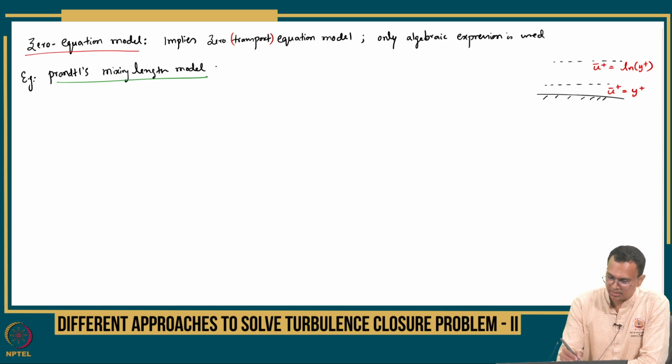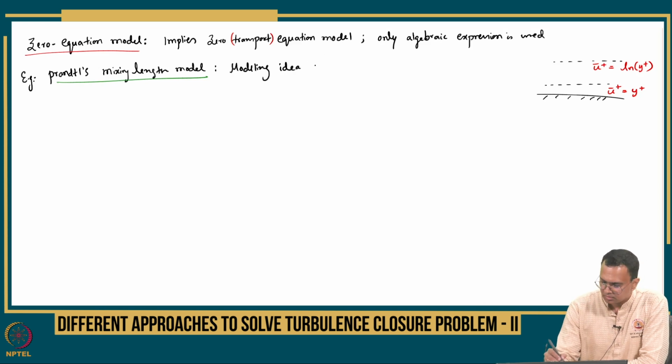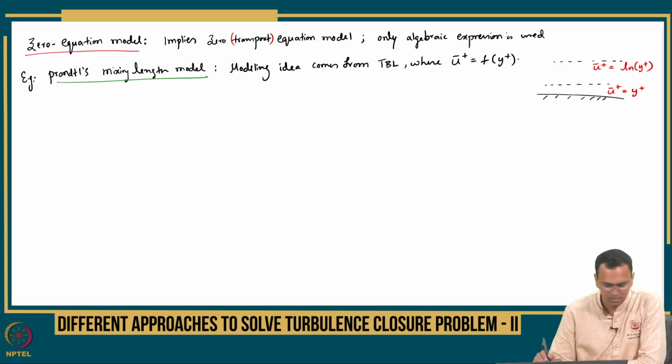So the modeling idea comes from the turbulent boundary layer, where u plus is a function of y plus, and y plus can be considered as a length, a mixing length, either a linear function of y plus or a logarithmic function of y plus.